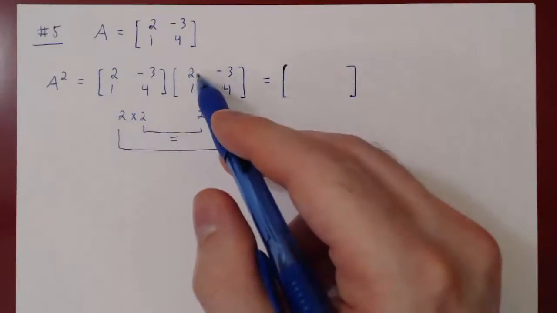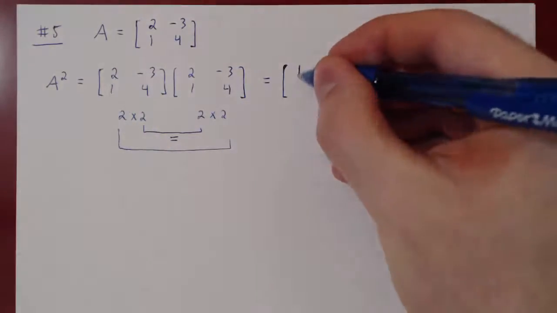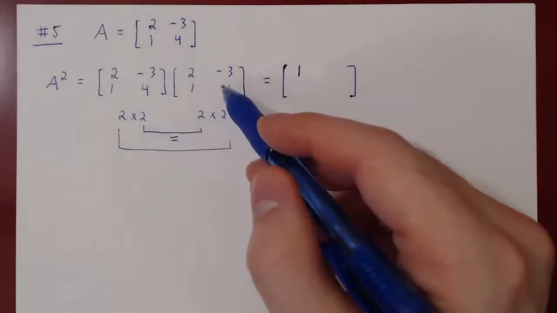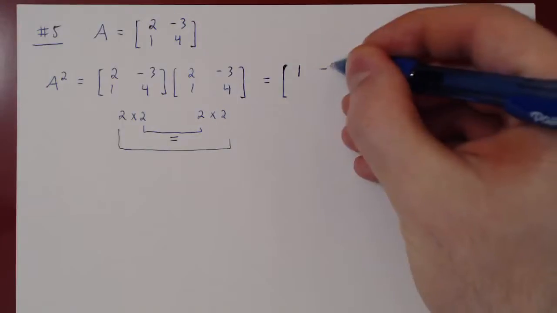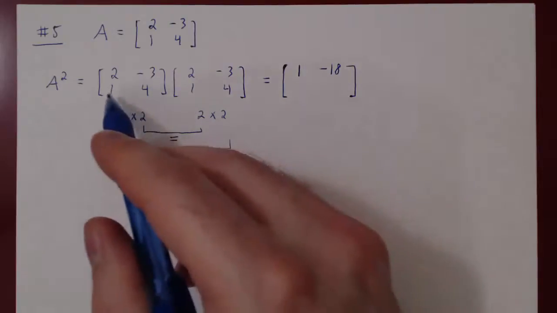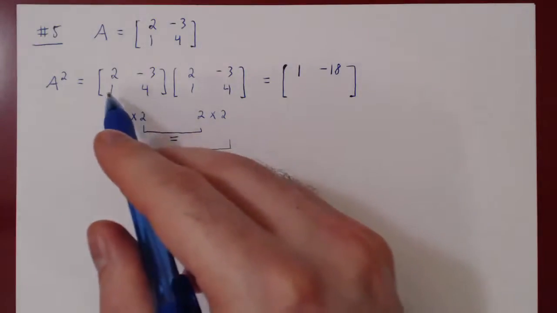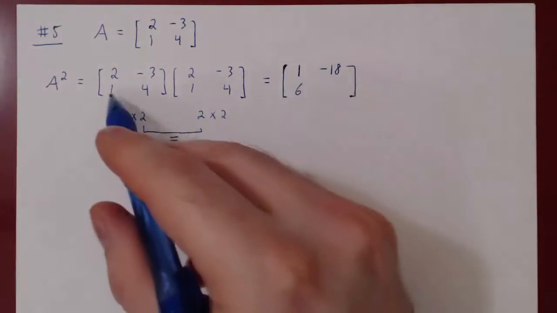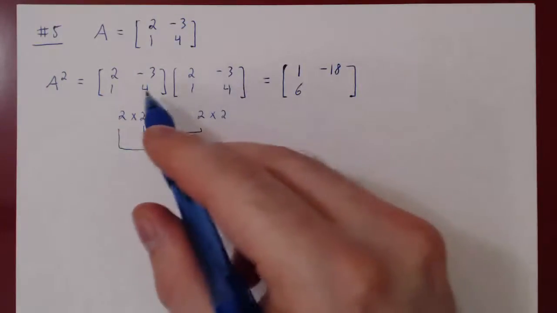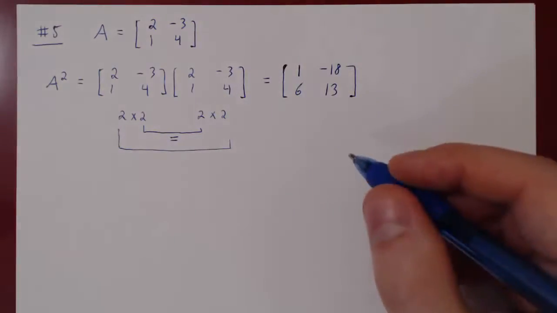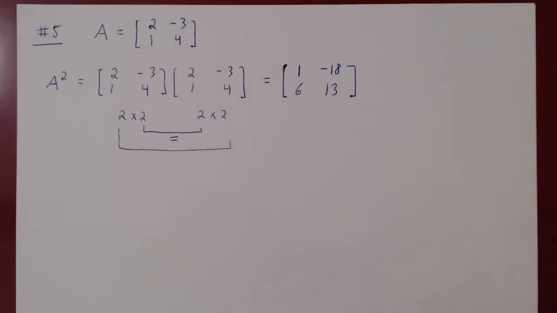So 2 times 2, 4, minus 3, 1. 2 times negative 3, negative 6, minus 12, minus 18. Then we have, with the second row of A, 2 plus 4 is 6. Negative 3 plus 16, positive 13. And now we have just found A squared.